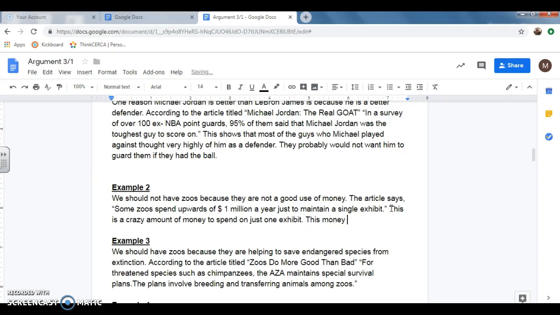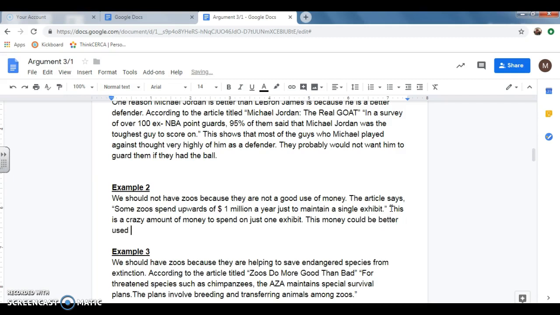This money, I have to go back to this is not a good use of money because that was my reason. This money could be better used on conservation of endangered species in other countries.